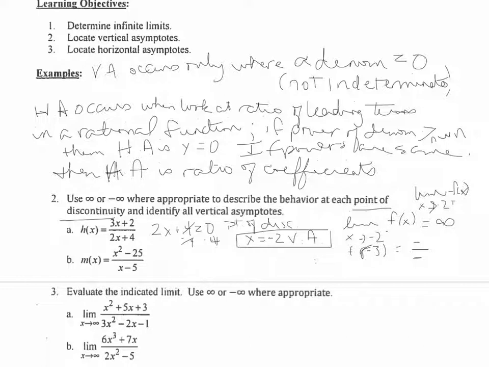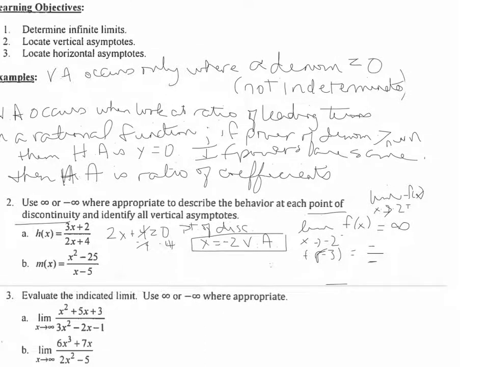Agreed? Okay, now you guys test out, tell me what you get if you try a number to the right of negative 2. Okay, so coming from the right of negative 2, did you pick something like negative 1? All right, and if you plugged in negative 1 to this function, what sign did you get on top? You got a negative on top, but what'd you get in the denominator?